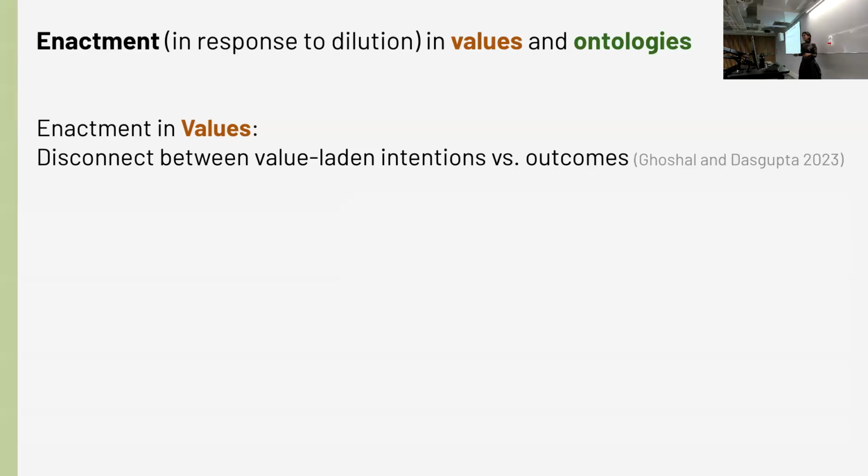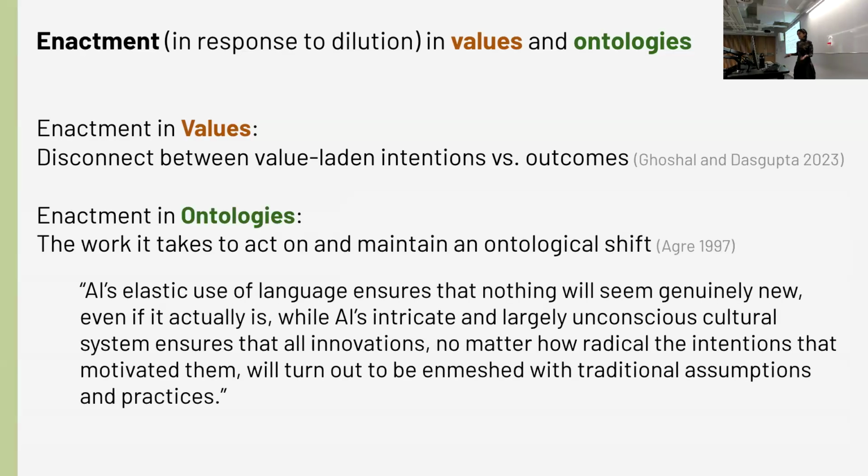Okay, so finally, scholars in values have pointed out the disconnect between value-laden intentions versus outcomes. And Phil Agre doesn't explicitly talk about ontologies, but does point out, and this is one of my favorite quotes of all time, and recently I realized where this was published, in his work on toward a critical technical practice, actually Yvonne has an essay in the same publication.